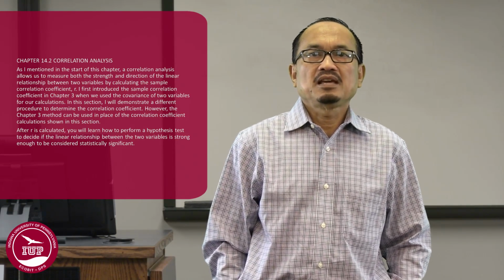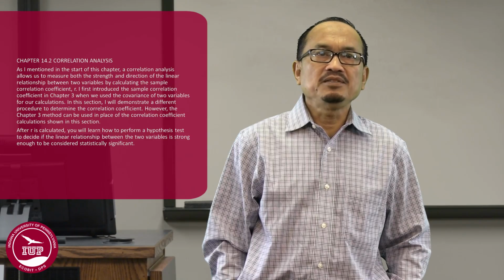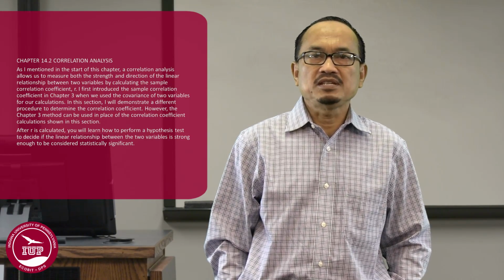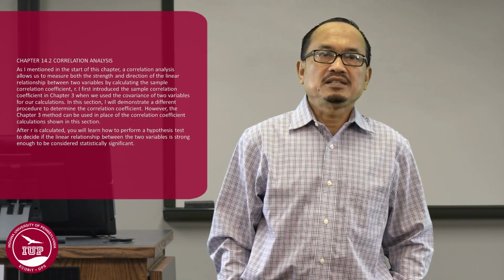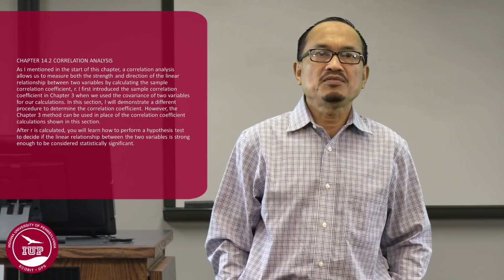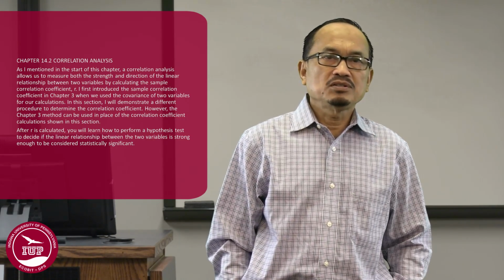In this section, we will demonstrate a different procedure to determine the correlation coefficient. However, the Chapter 3 method can be used in place of the calculation shown in this section.